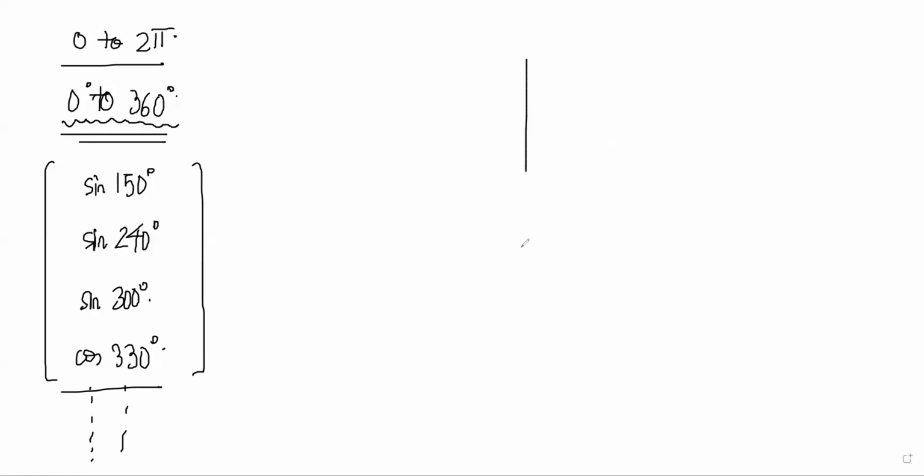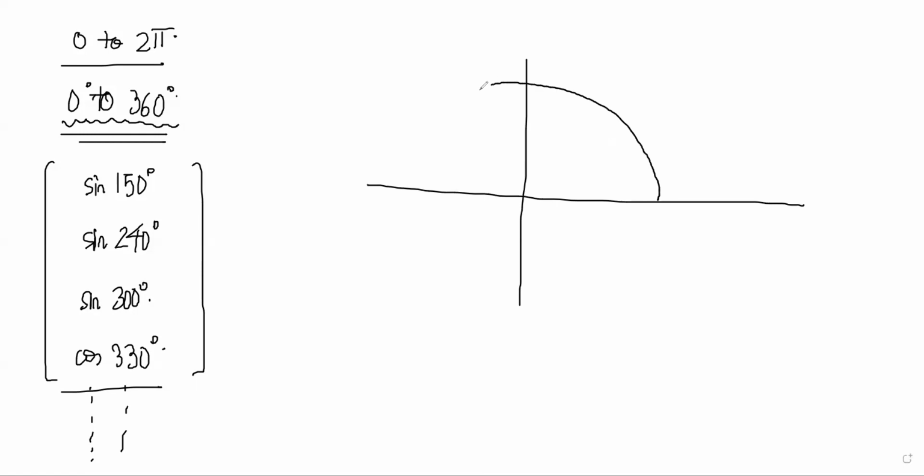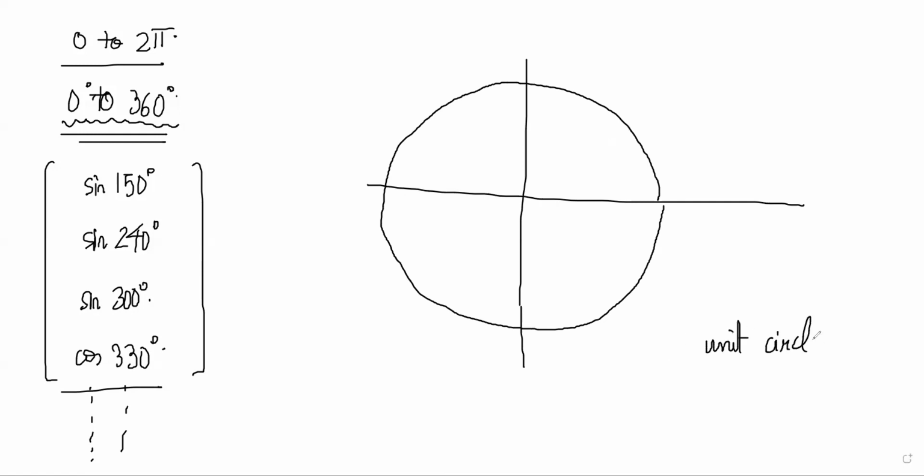So first of all, we learn how to measure those angles. The way the angles are measured is think of a circle like this. Usually we think of it as a unit circle, and unit circle means radius of the circle is 1. If you think of a unit circle, this is your positive x-axis.